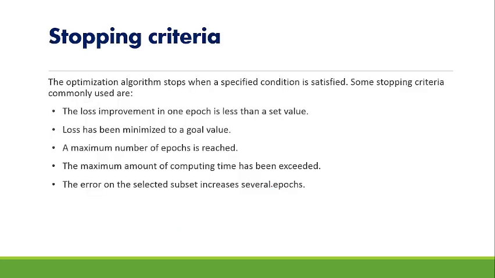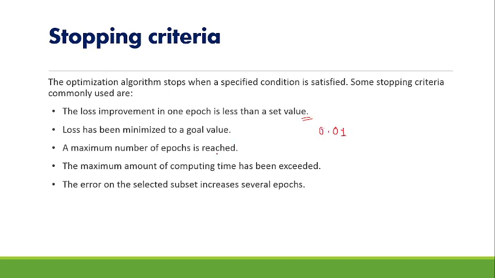When we apply any algorithm, there are some stopping criteria. What are the stopping criteria? The loss improvement in one epoch is less than the set value. Some of the parameters we set while training the neural network include a loss improvement value. If it is less than the set value, or the loss has been minimized to a goal value, say we want the loss to be 0.01 and we reach this value, then we stop.